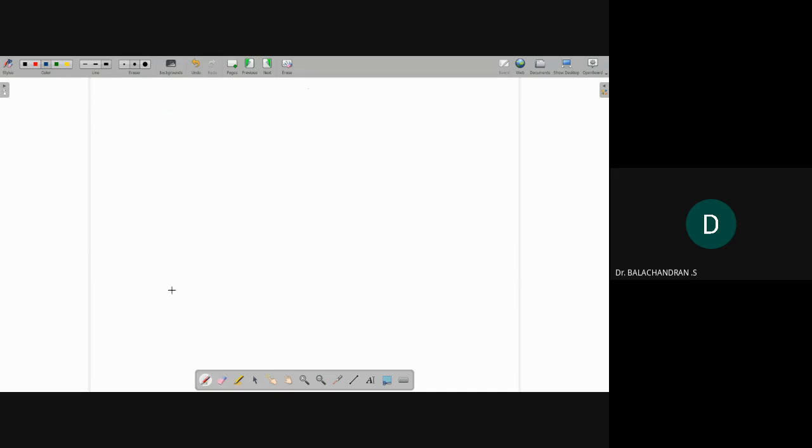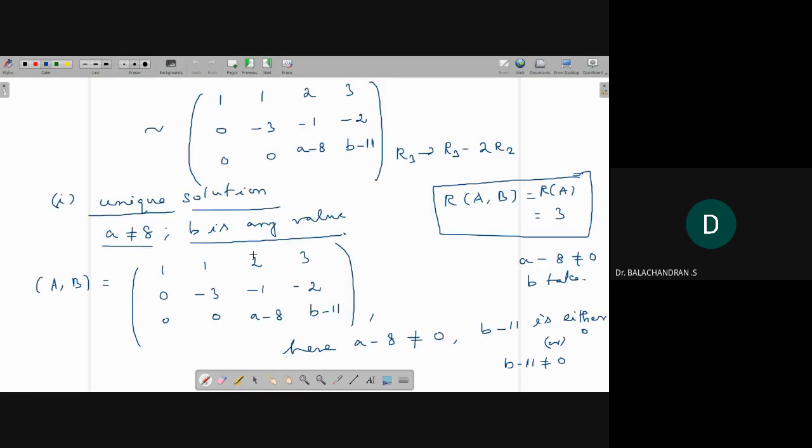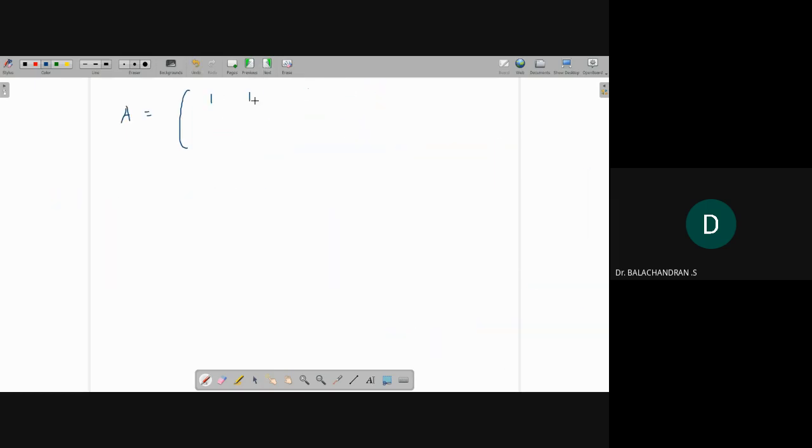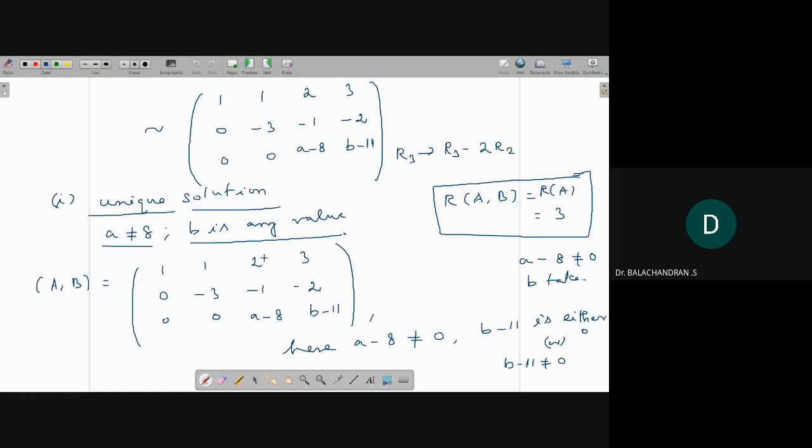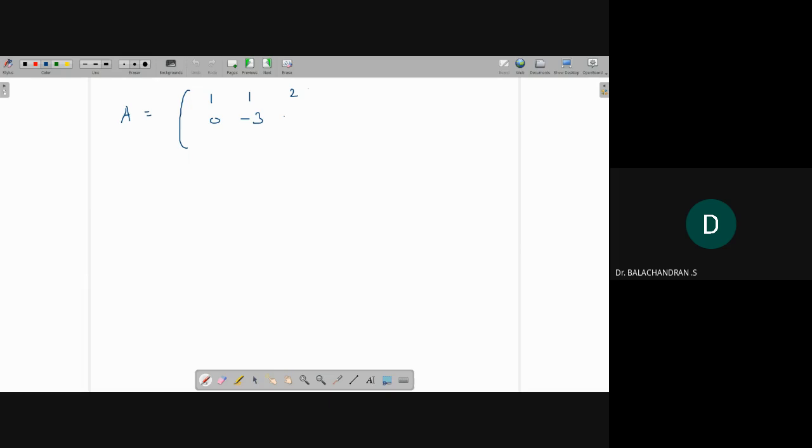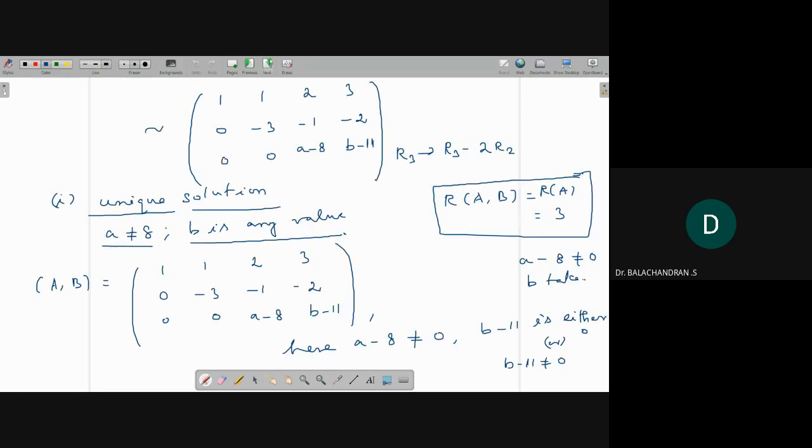What is the matrix A? A is 1, 1, 2, 0, minus 3, minus 1, 0, 0, A minus 8.